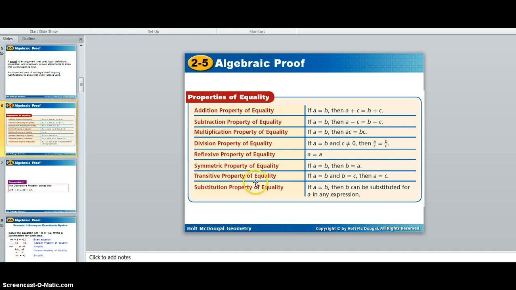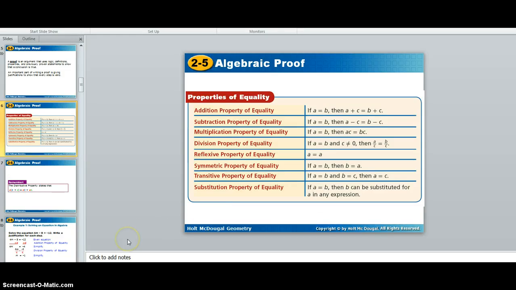The transitive property tells you if A equals B and B equals C, then A also has to equal C. The substitution property tells you that if A equals B, then B can be substituted in for A. We use this a lot too. If I said A equals 2, anytime you see A, you substitute it in, or you can take any A and put B in its place.